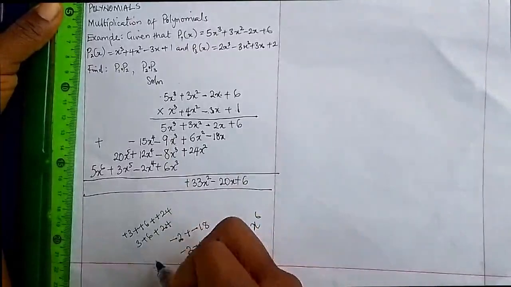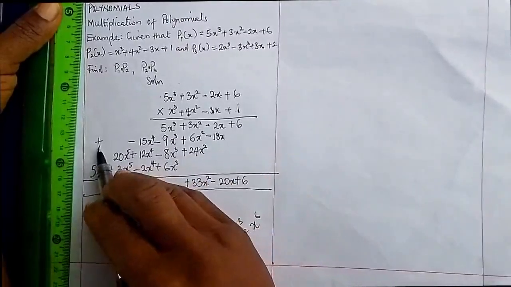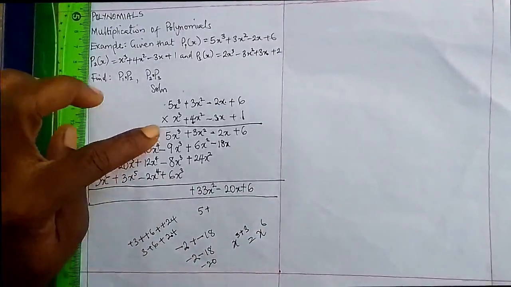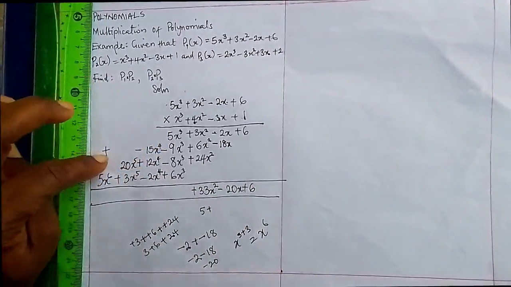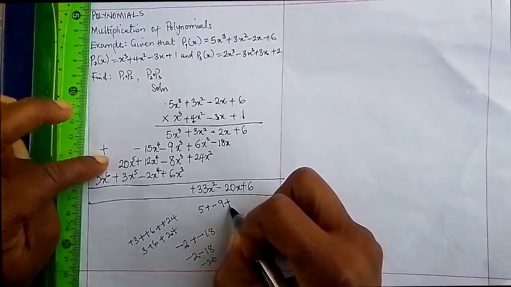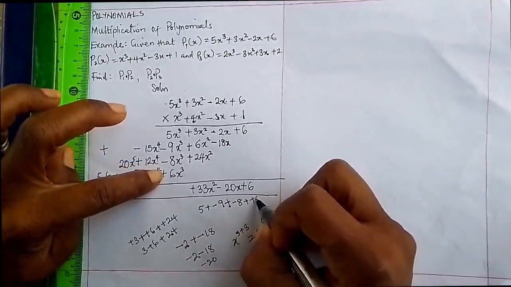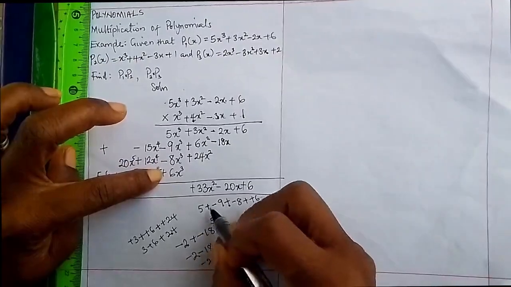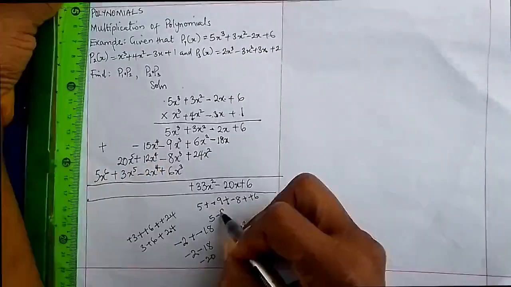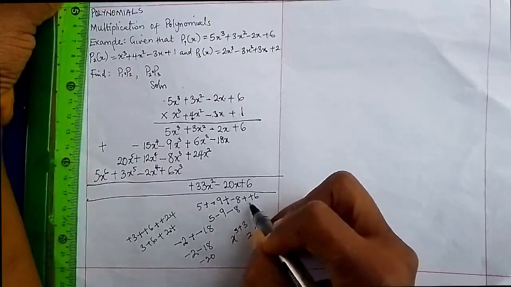The next one, we have 5 plus minus 9 plus minus 8 plus 6. So what we have is 5 plus minus is minus 9, plus minus is another minus 8, plus is plus.